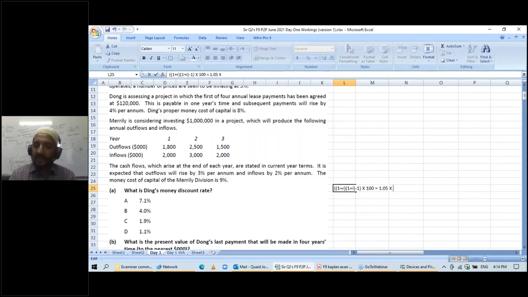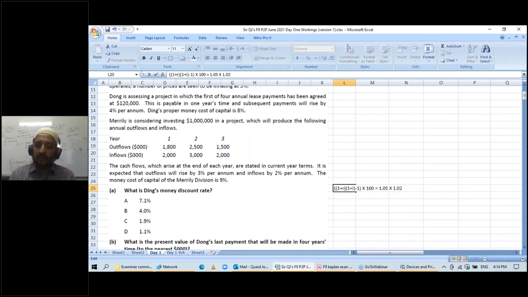The inflation rate is a general inflation rate, an average inflation rate in the whole market. So an average inflation rate should be considered. The general inflation rate given in the question is 2%. So 2 divided by 100 makes 0.02. So 1 plus 0.02 is 1.02.